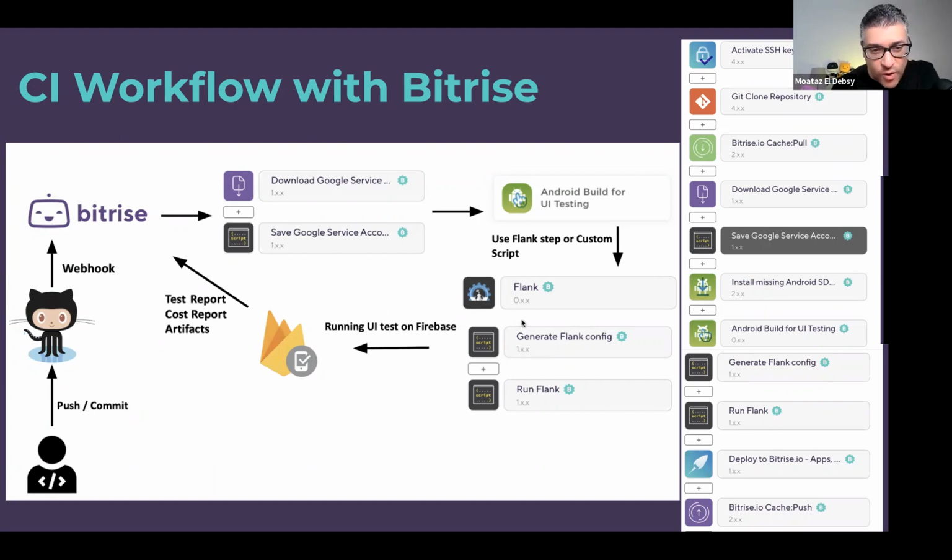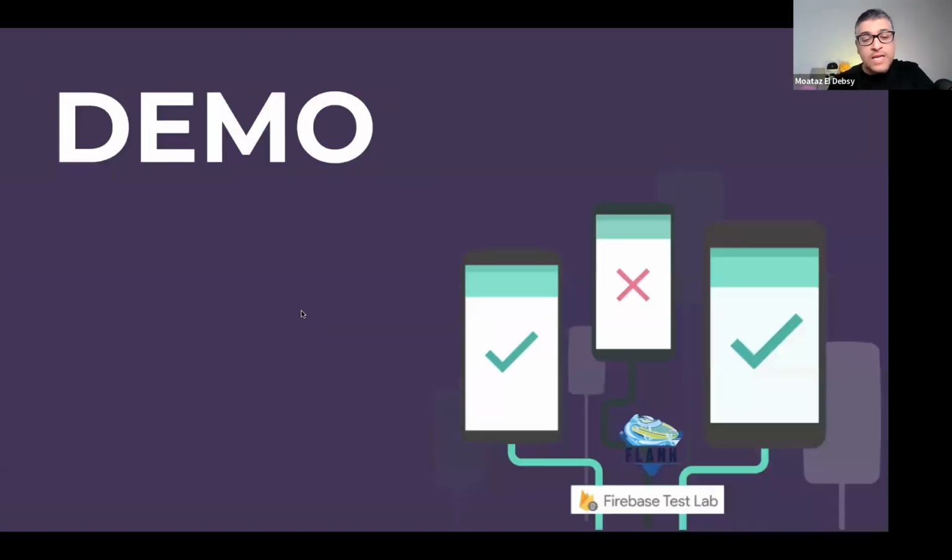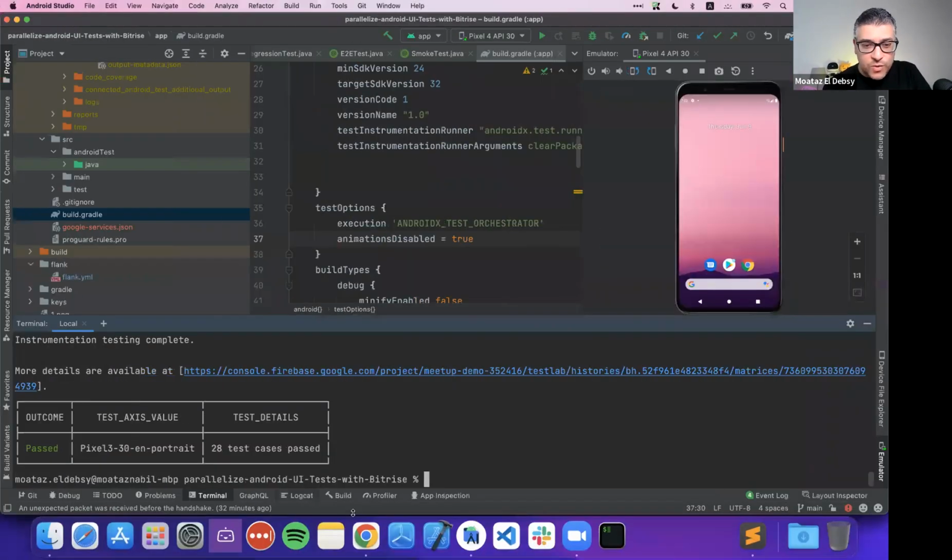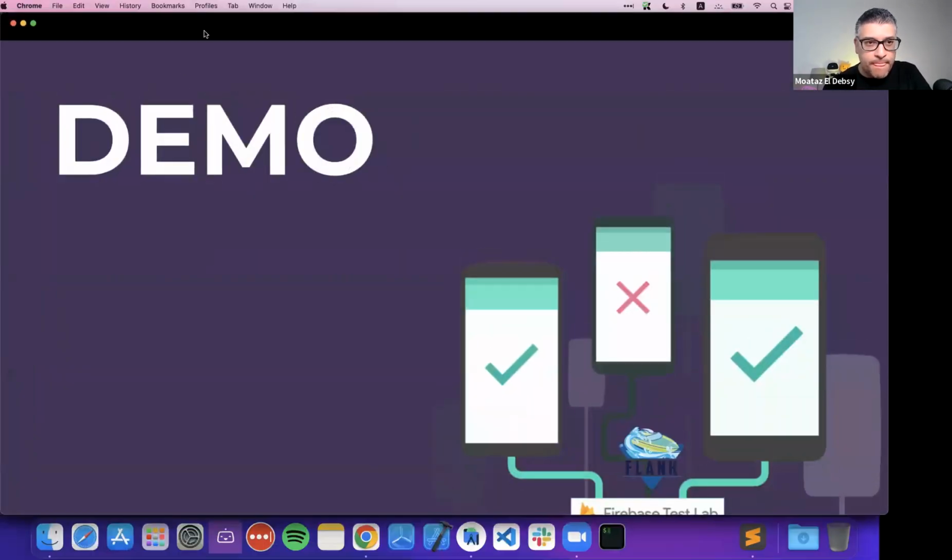So we'll run on Firebase Test Lab, and then we can take the test report, and it also gives us the cost report. Since we are using different devices, we should know what the cost of these devices is, and the artifacts are also sent to the CI server. So let's now go back to our demo.